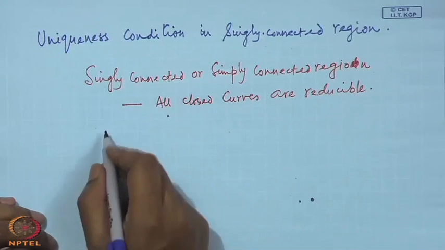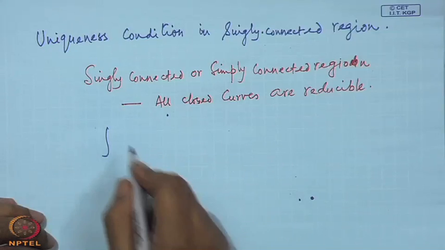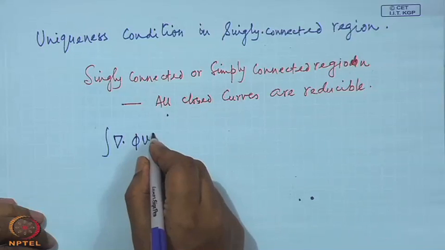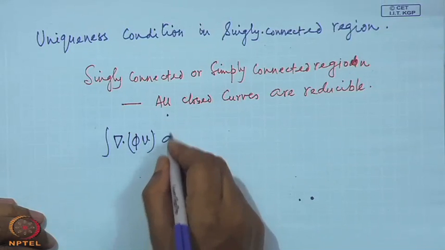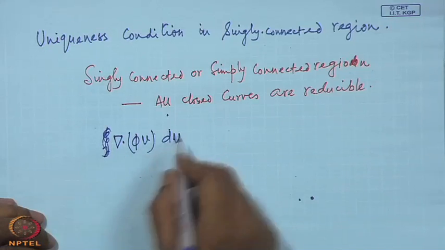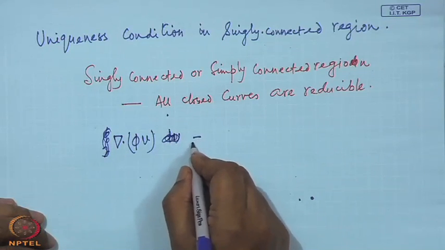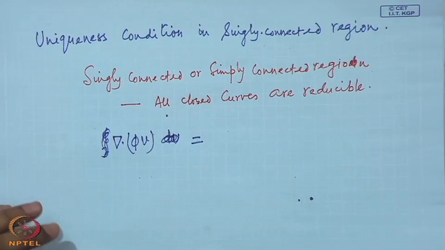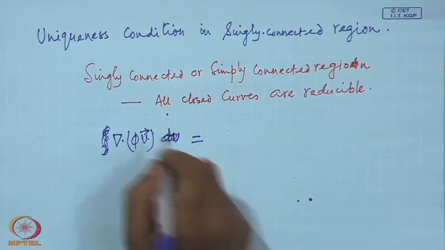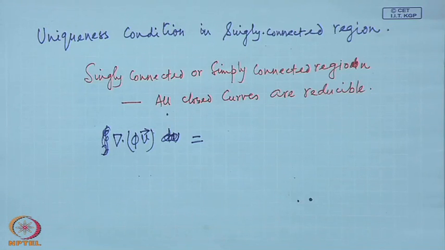We will start with this mathematical identity, divergence of phi v, or say forget about the integration first. Divergence of phi v, what is it? Phi is a scalar, v is a vector, as you are using. Can you say what this relation will be?